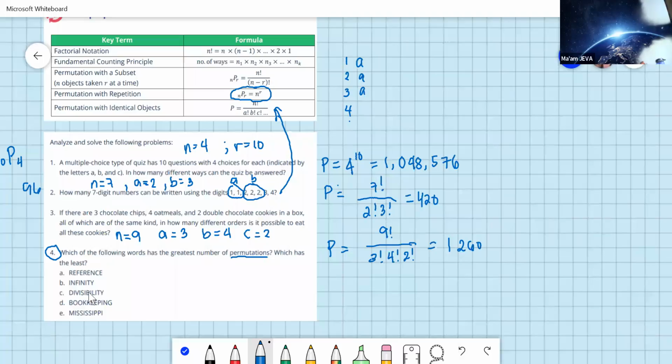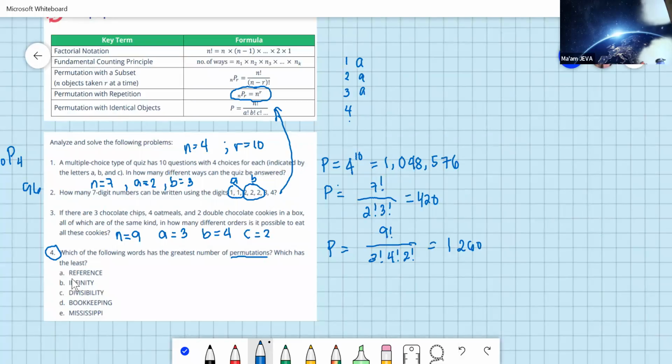If you rearrange that without restriction, since they are identical, you will form another word, then you are going to get which among these 5 words has the greatest number of permutations. So again, number 4 is also an example of identical objects. You are going to identify which has the greatest number of permutations and which has the least.